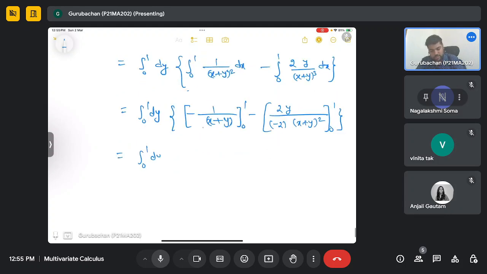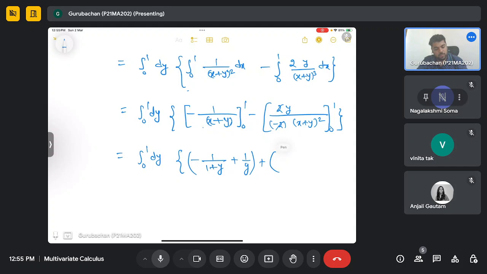0 to 1 dy. So this will give 1 by 1 plus y minus minus will get plus. So we are putting the value of x, so it will be in terms of y, 1 by y minus, when we put x is equal to 1 here, 2 and 2 will first of all cancel out, or you can make it as minus minus plus. So this will give us y divided by y square.